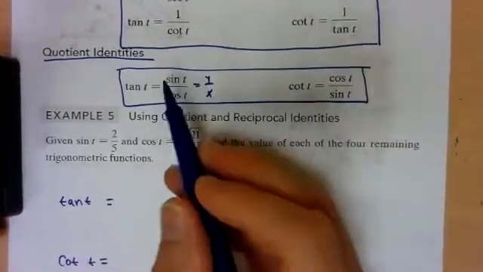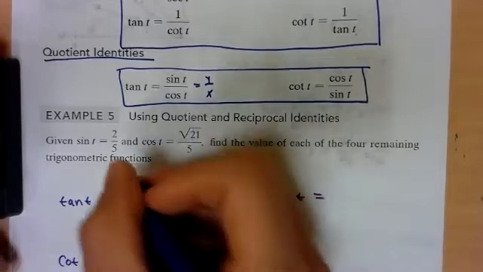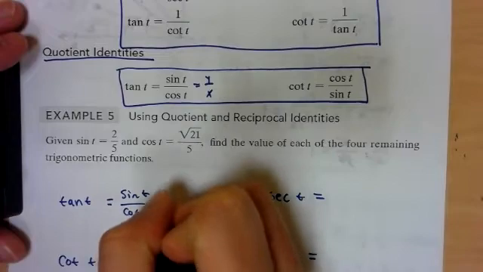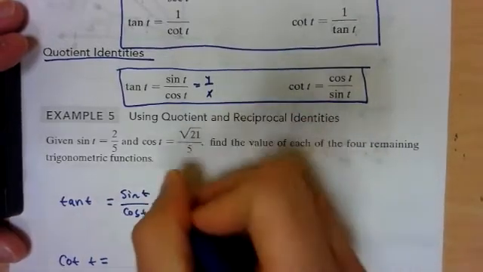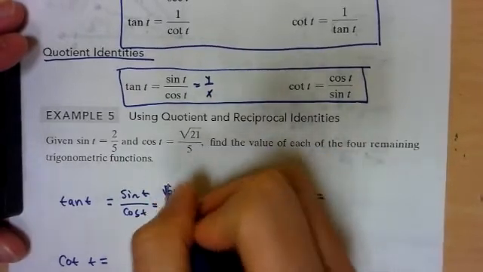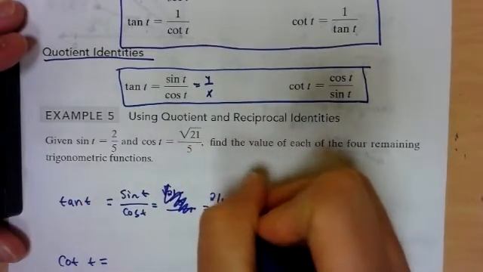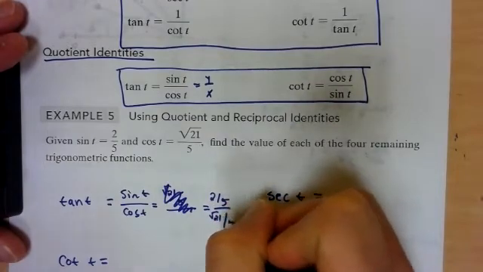Well, actually, let's start with our reciprocal. Since we know sine and cosine, tangent of t is equal to sine of t divided by cosine of t. Sine of t is 2 over 5, and cosine of t is root 21 over 5.